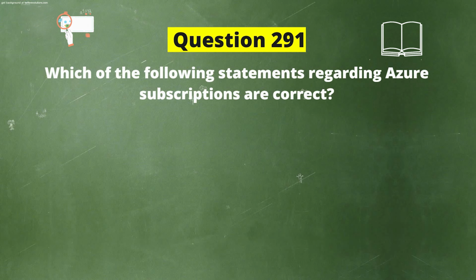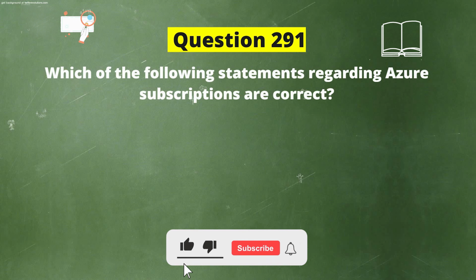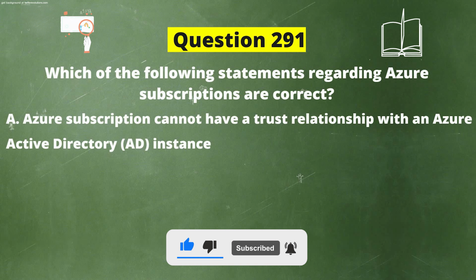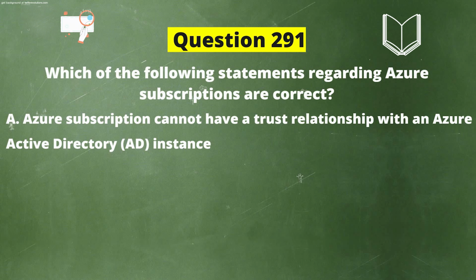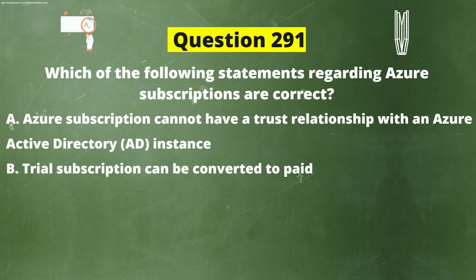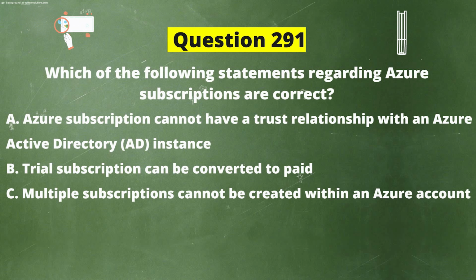Next question. Which of the following statements regarding Azure subscriptions are correct? And the options are: A. Azure subscription cannot have a trust relationship with an Azure Active Directory instance. B. Trial subscription can be converted to paid. C. Multiple subscriptions cannot be created within an Azure account.